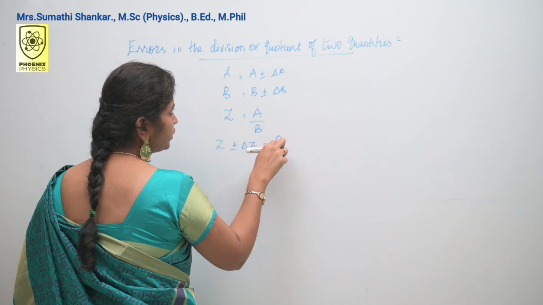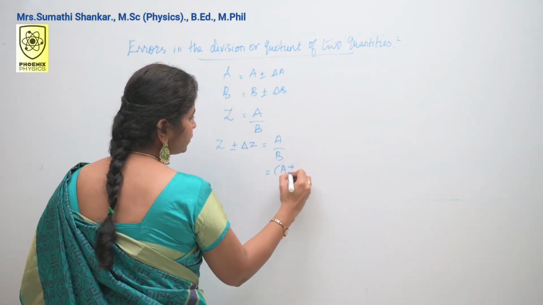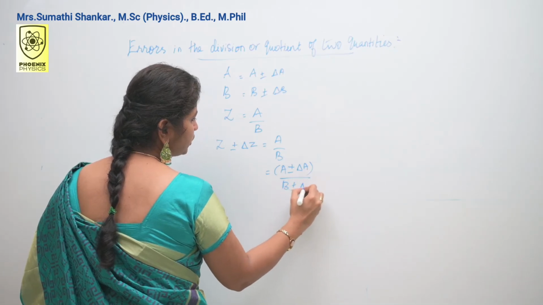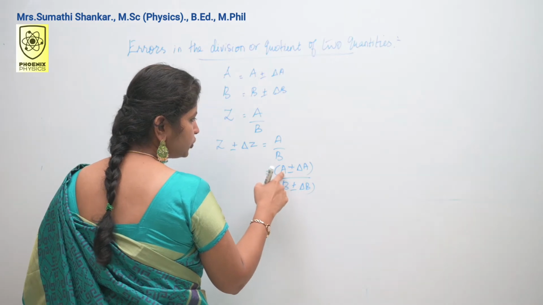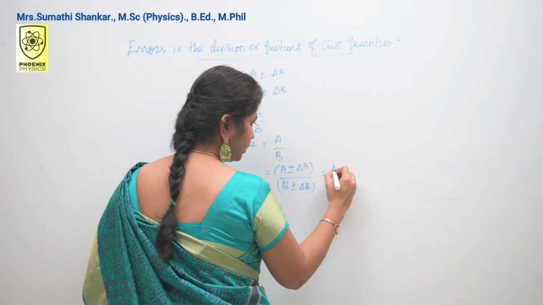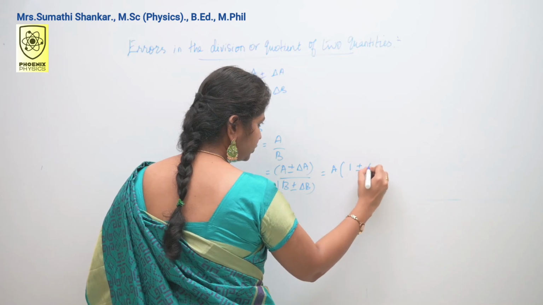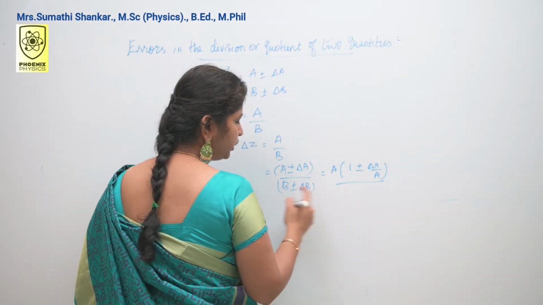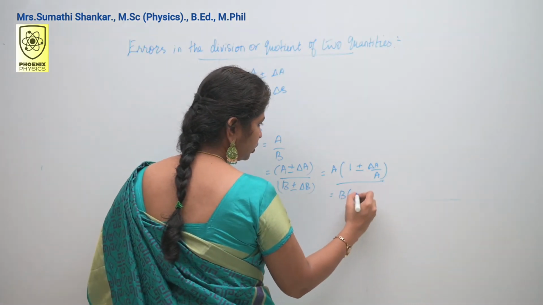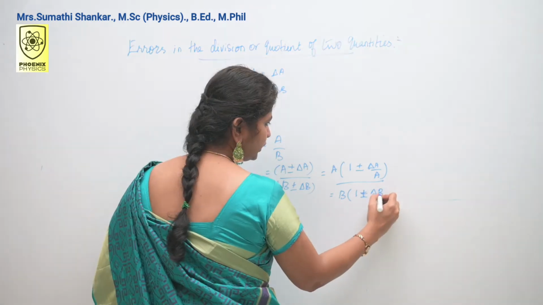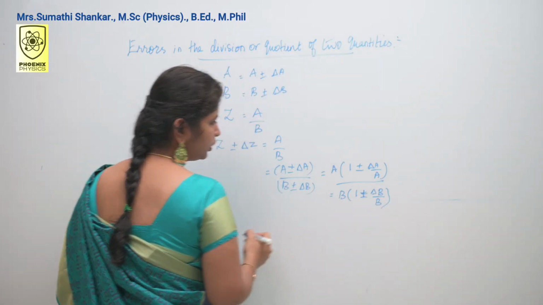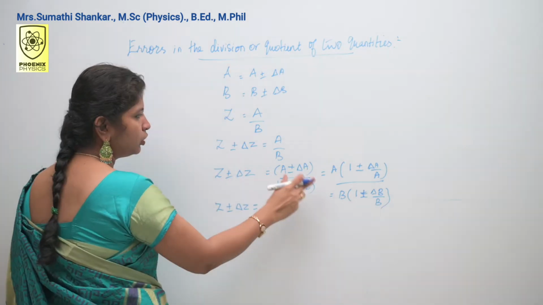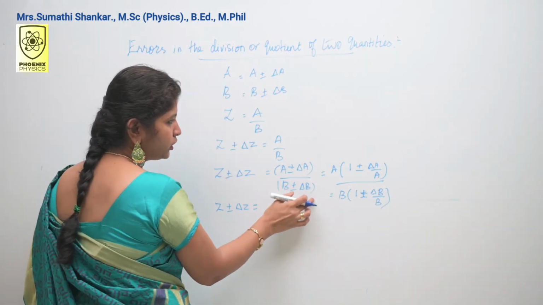Substitute the value. What is our A? A plus or minus delta A divided by B plus or minus delta B. Take this A outside: A times 1 plus or minus delta A by A. Bring this B term outside: B times 1 plus or minus delta B by B. This is nothing but Z plus or minus delta Z. How do you rewrite this equation?